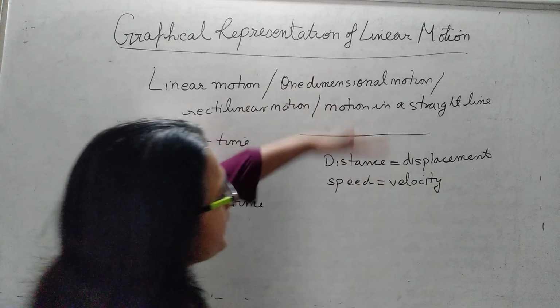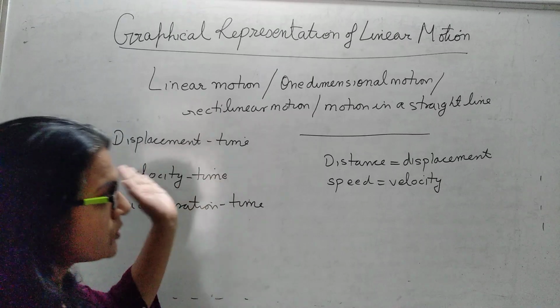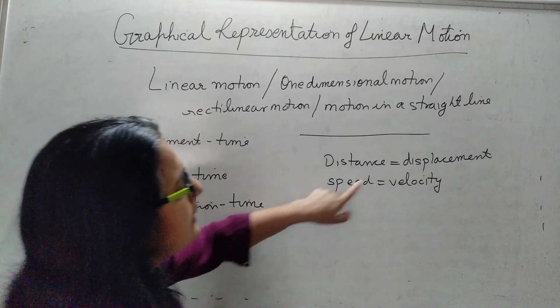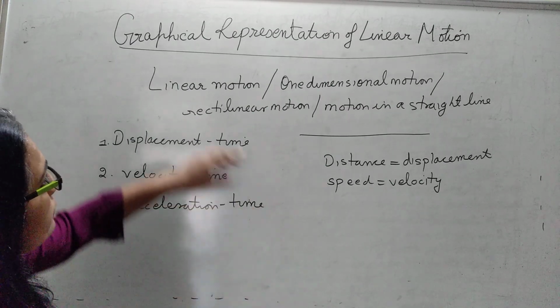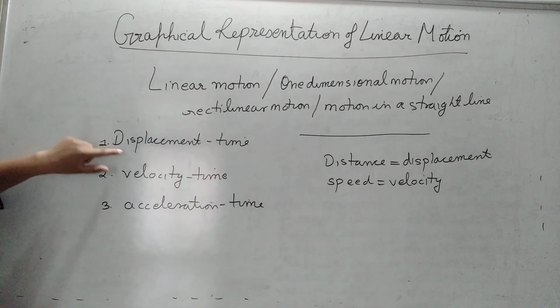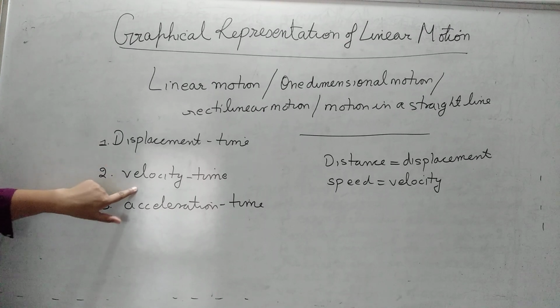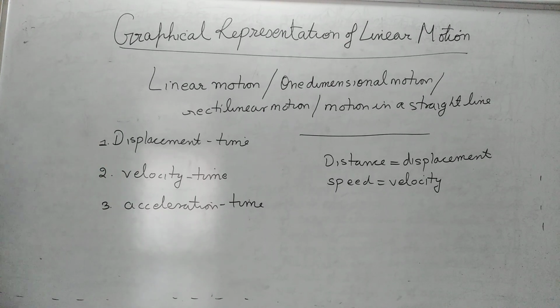When the direction does not change, the body is not returning back, speed and velocity are also same. So therefore, for linear motion, either I say displacement time, or velocity time, or distance time and speed time, all these things mean the same.